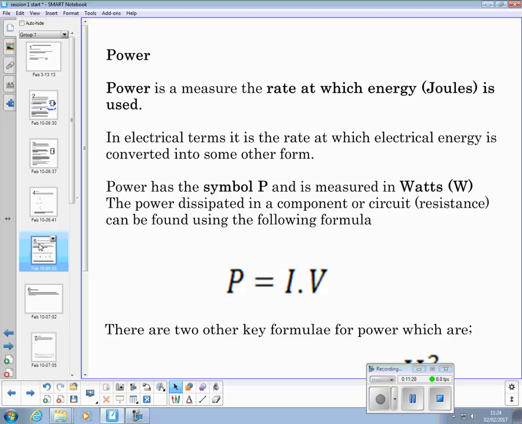Power has a symbol P. It's measured in watts, which uses the symbol capital W. And the power dissipated in a component can be found using the formula P is equal to I times V.